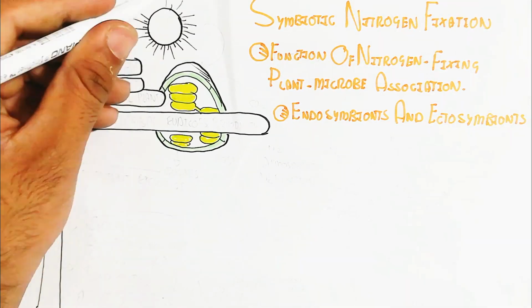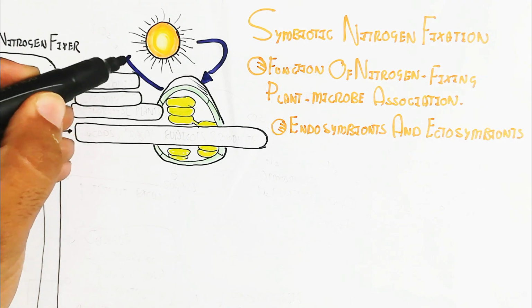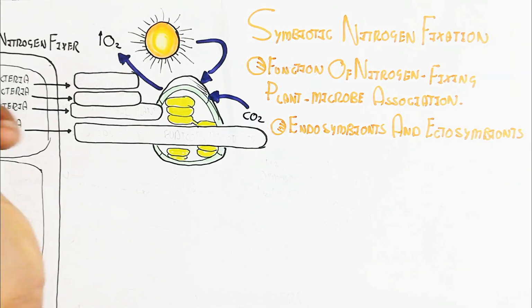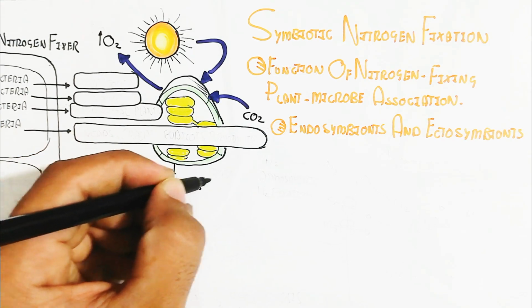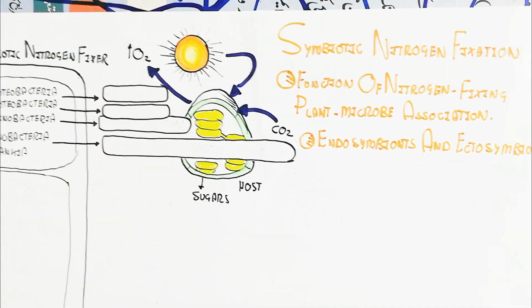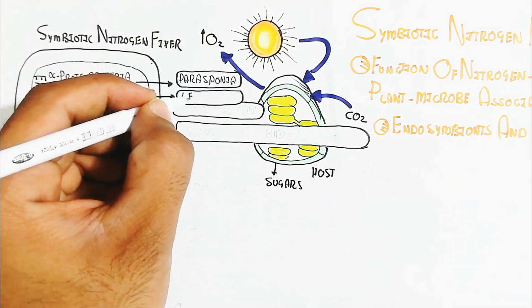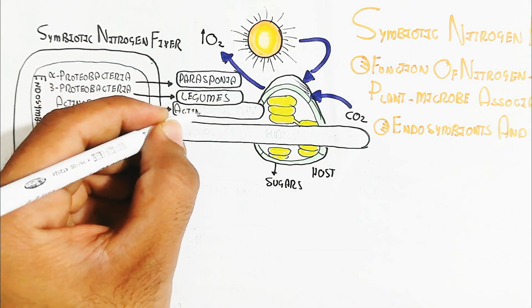The Parasponia is the host, the photosynthetic organism that consumes carbon dioxide and produces oxygen, while sugar is the basic product and nutrient exchange within the symbiotic mutual relationship for the nitrogen fixer.